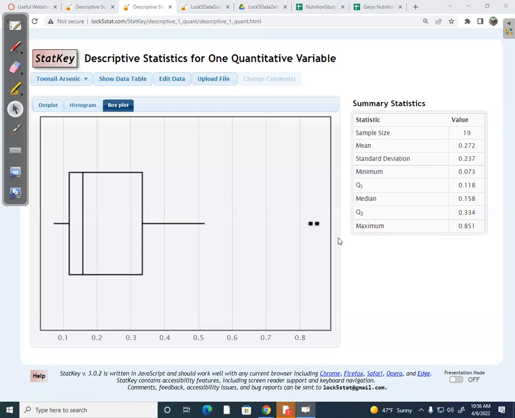Interesting. The middle 50% of data is moderately spread out in this box here. That would be from Q1 to Q3, so between 0.118 and 0.334. So the box tells us about how the data is spread out. It's tightly packed in the low end and widely spread in the upper end. It's the way it is. Tells a little story there.